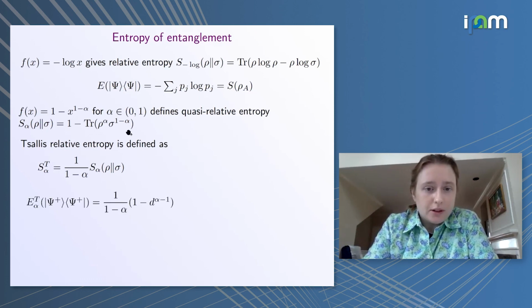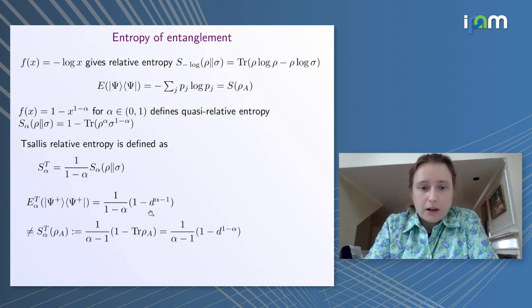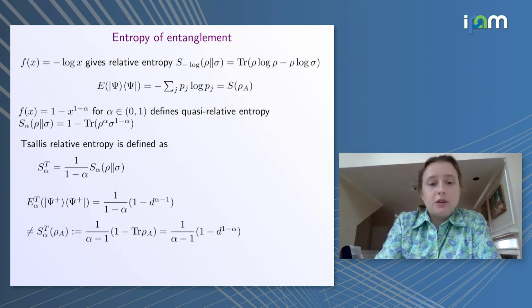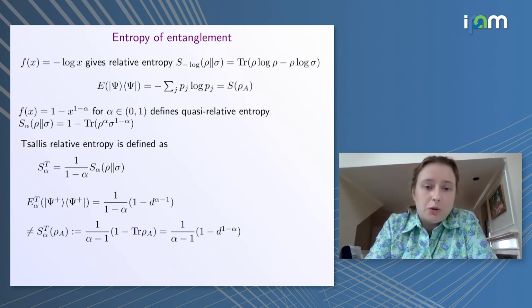For the Tsallis relative entropy, the entanglement entropy of the maximal entanglement state is calculated as follows. D here is the dimension of your state, but it's interesting that it does not reduce to the entropy of the reduced states like it does for the relative entropies.